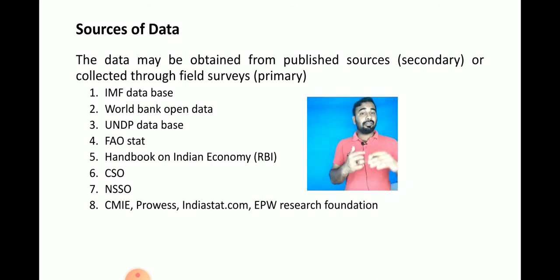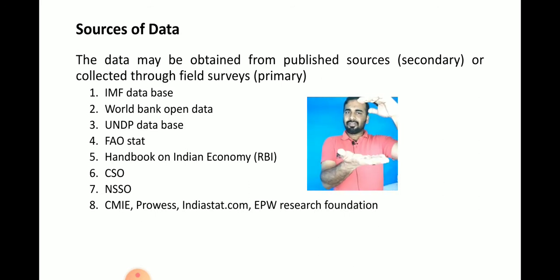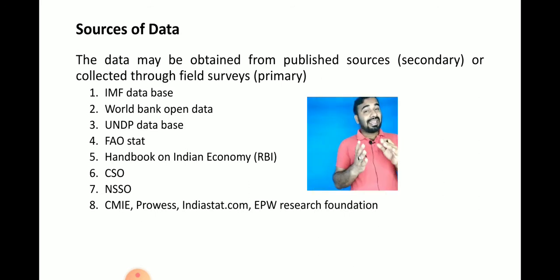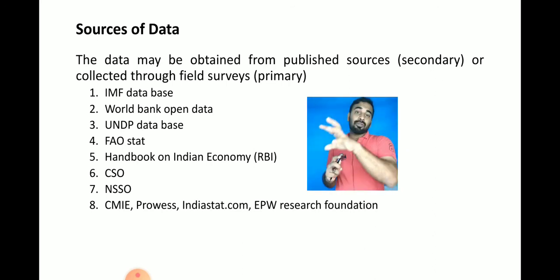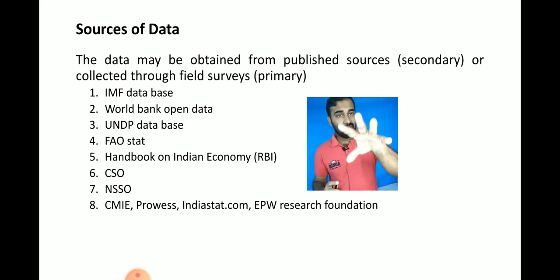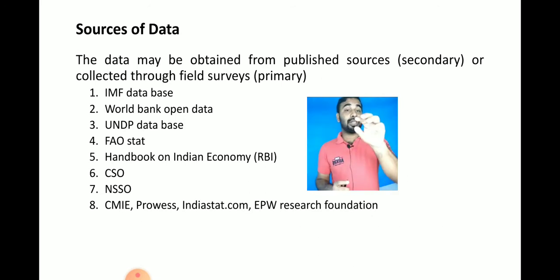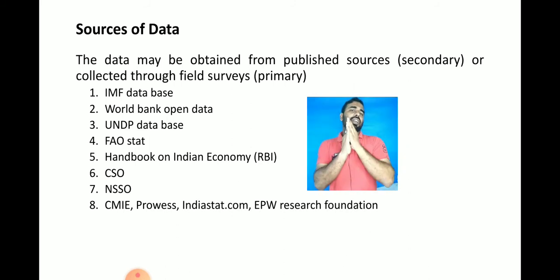Okay, the first four mainly provide country-wise data, where you will get the GDP, if you are looking for GDP for the US, India, European countries, African countries, you will get all the countries.